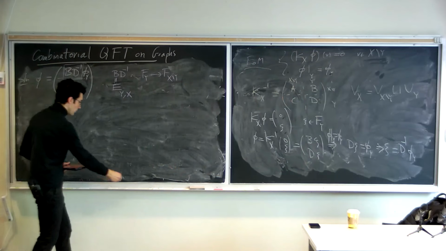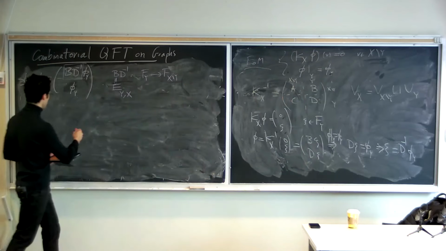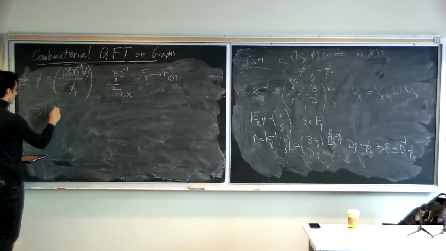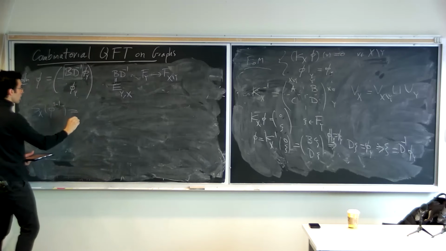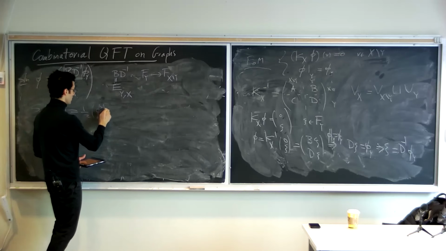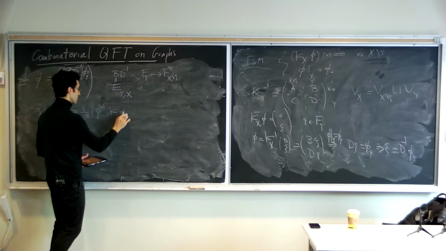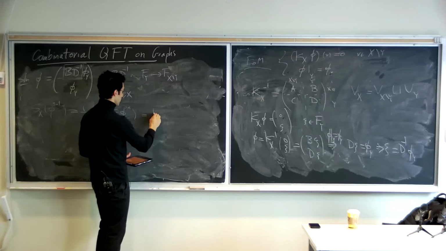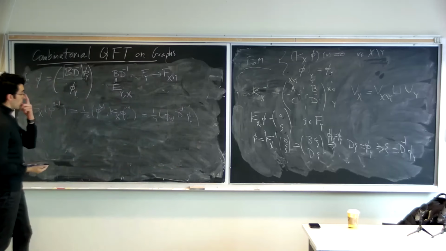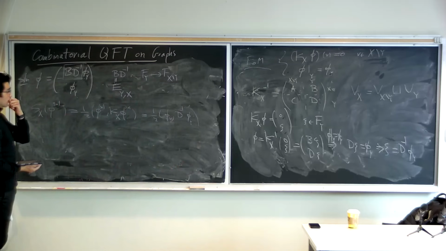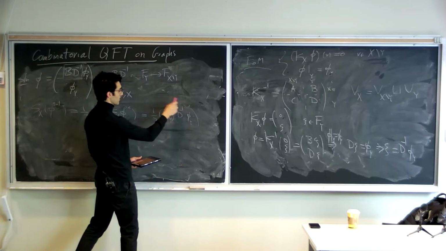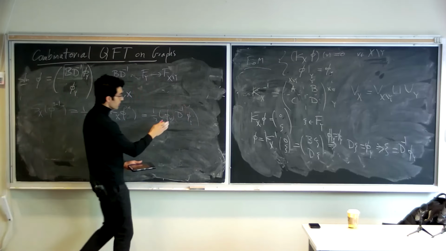Okay, and let me put the solution into the action. So Sx for the solution, well, when you put it in there, you have 1/2 phi solution Kx phi solution. And it turns out to be just 1/2 phi y D inverse phi y. Because of the way this equation looks in comparison to the continuum model, which I have not described, this is a particular operator.